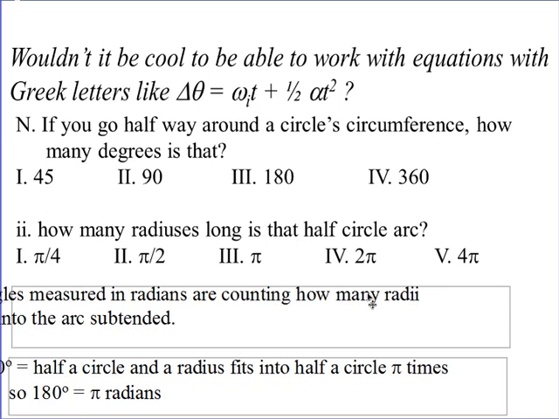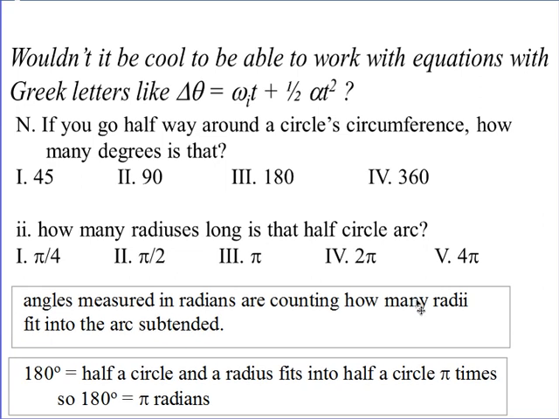So instead of measuring angles in degrees, we're going to start measuring angles in what are called radians, which means we measure the angles in terms of radii. We're going to see how many times the radius fits into the arc that is subtended by the angle.